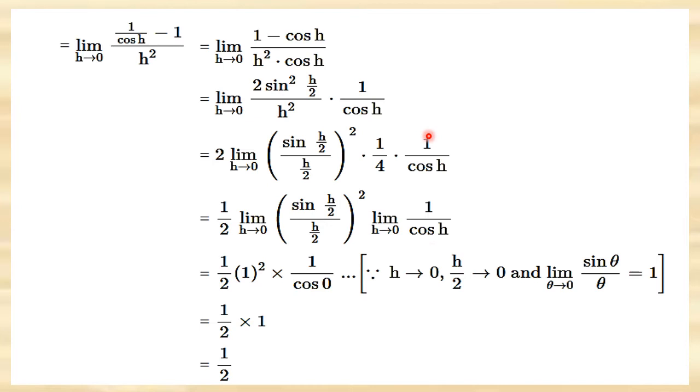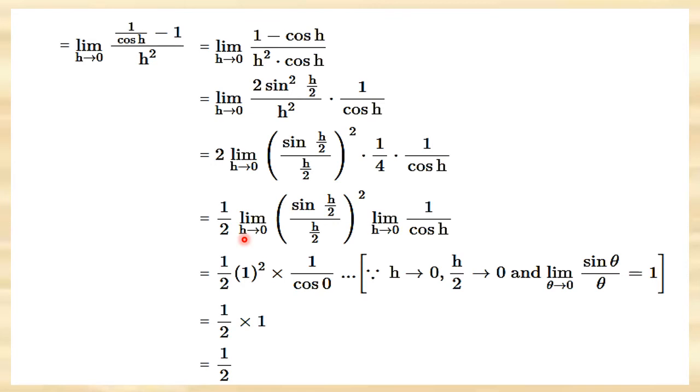And we apply the limit for the function 1 by cos h separately. Now again limit h tends to 0 of sin h by 2 upon h by 2. We will take this limit inside the square also. Then we know limit h tends to 0 of sin h by 2 upon h by 2 is of the form sin theta by theta, because h tends to 0, then h by 2 also will tend to 0.